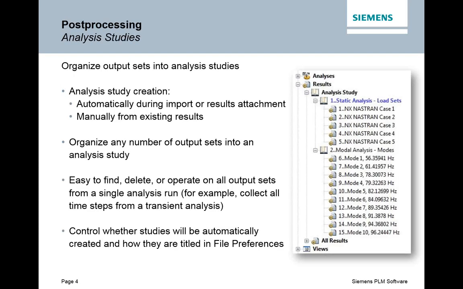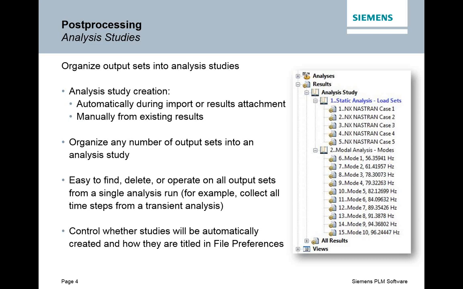All right, so jumping right into it, what you see here is a little bit about analysis studies. Output sets now can be organized into analysis studies to help order the output data into more understandable groups. These studies can be created automatically when importing or attaching results data, or manually from existing data.